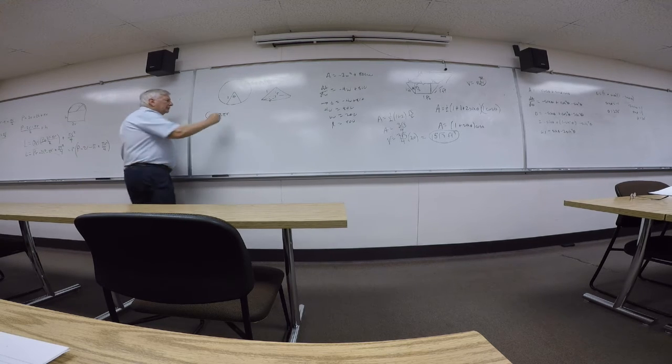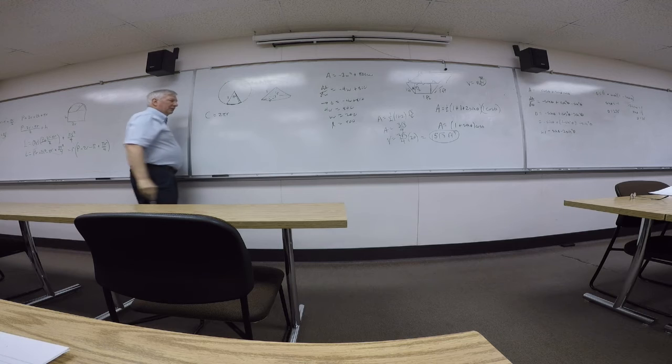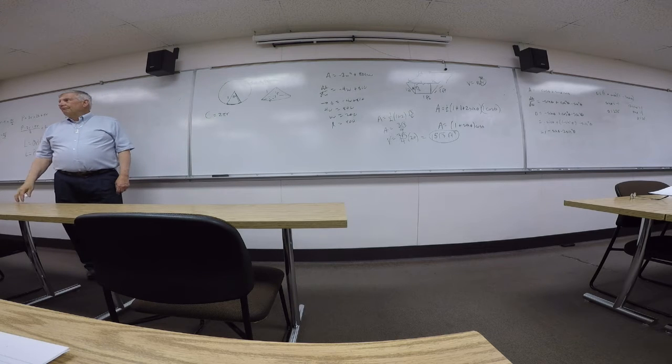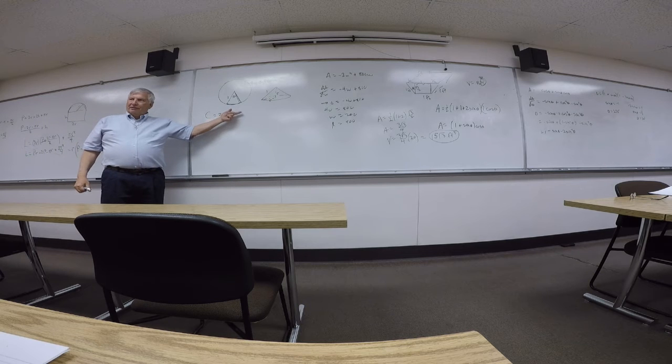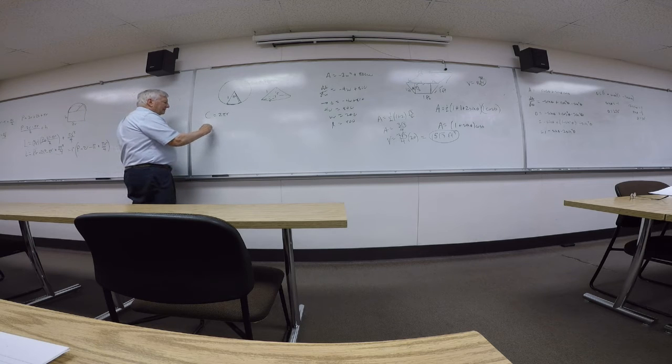But we cut a sector out of it, but I'm not interested in the entire sector. I'm interested in that little bit of length. And arc length on a circle of radius r, little s, is equal to r times theta.